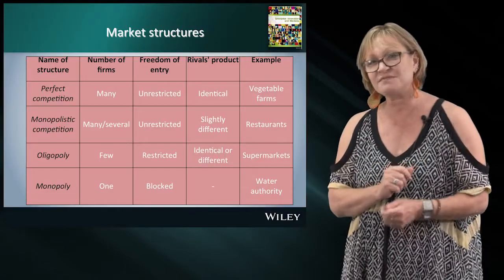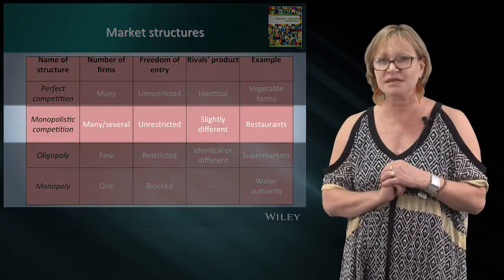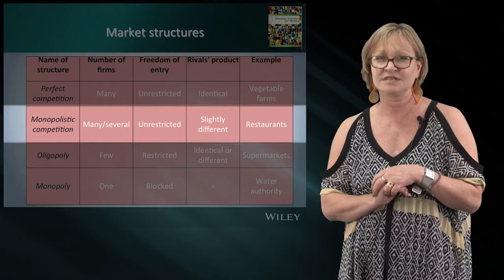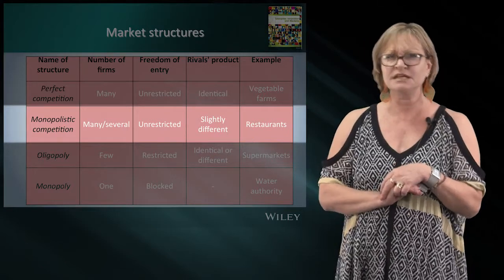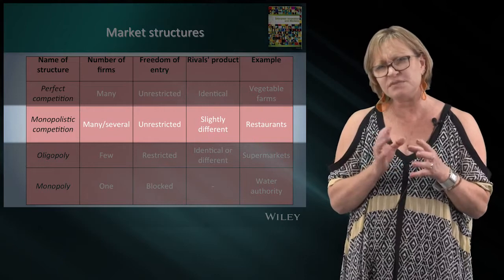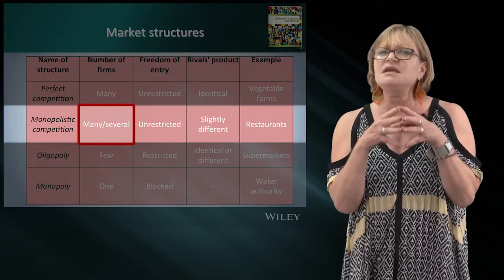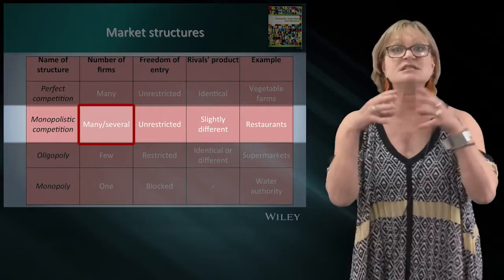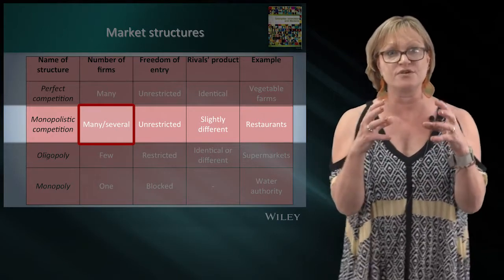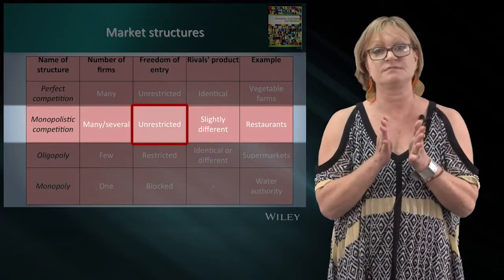What about the other types of market structures out there? The next one, monopolistic competition. In a market where there's monopolistic competition, you've got many firms, or maybe not as many, but let's just say we've got at least several firms. Freedom of entry, unrestricted.